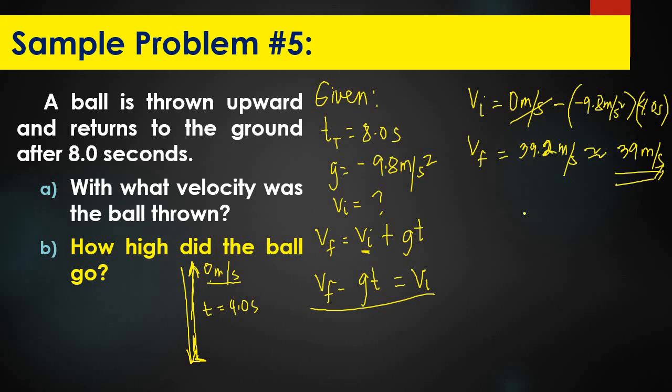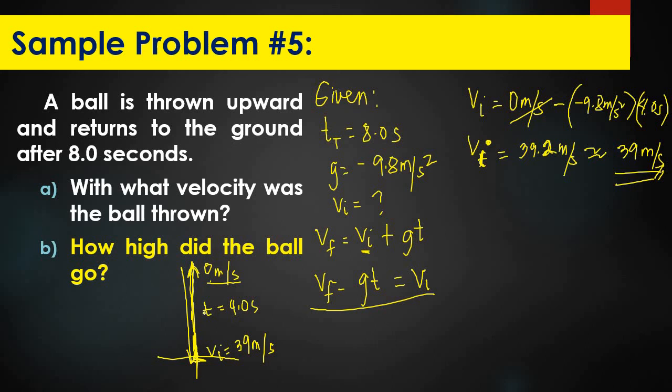Sir, yung VF po doon, di ba po dapat VI po yun? Sorry. Yeah. VI. Our VI is 39 meters per second. Positive. Bakit positive? Going upwards, nasa taas siya, pataas from the point of origin.